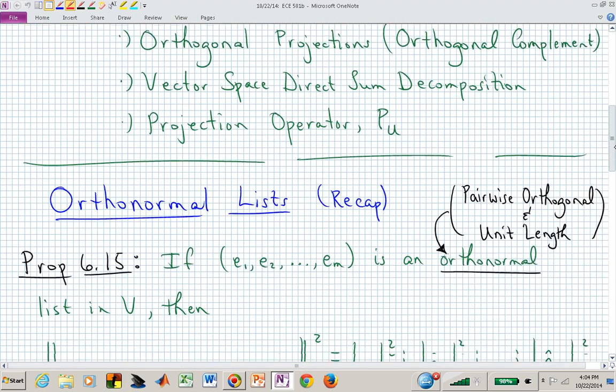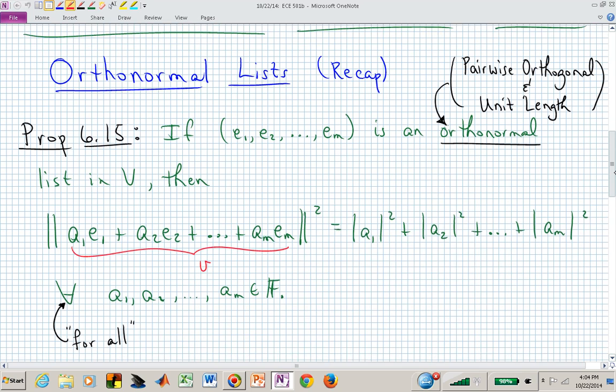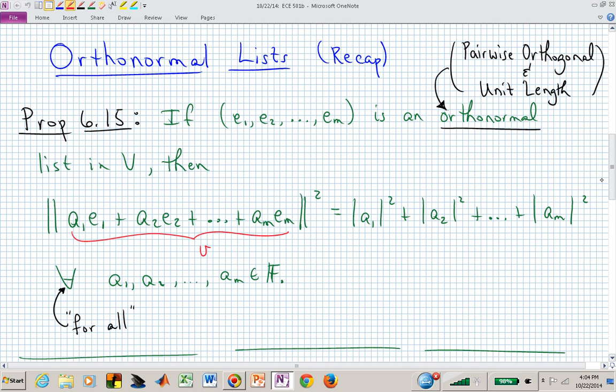Here is a recap of what we have talked about in previous meetings. Proposition 615 tells us if we have a list of vectors, and if that list of vectors is orthonormal, and we know what an orthonormal list means, that means that they are pairwise orthogonal, and the normal part means that they have a length based on our inner product definition. They have a length of 1.